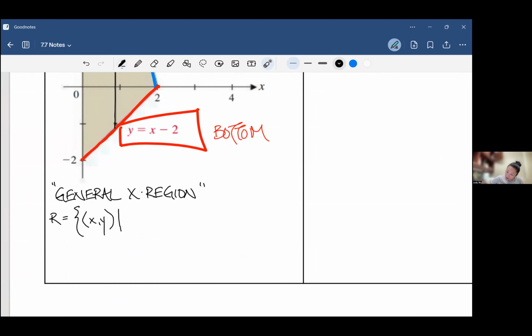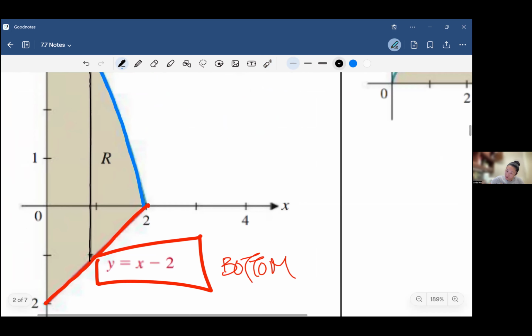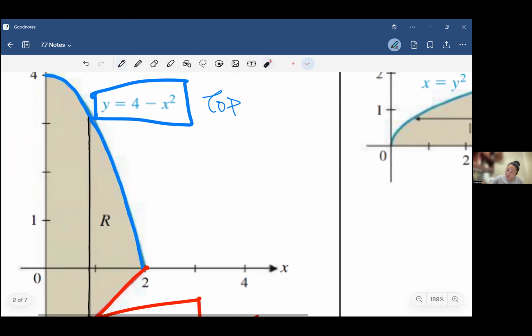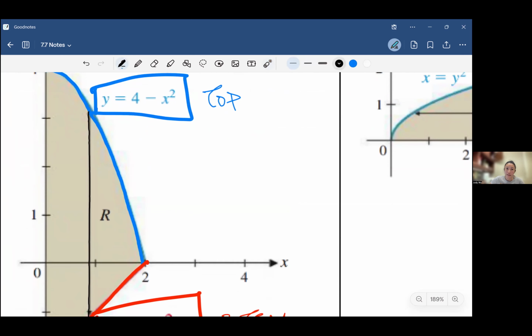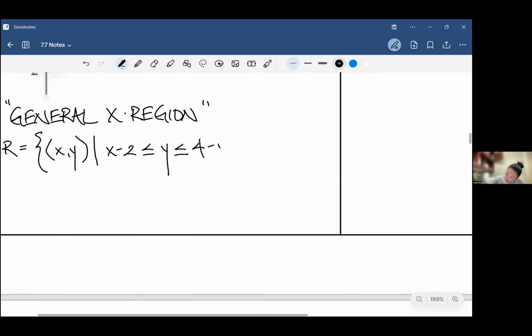So the bottom function, x minus 2, is less than or equal to y, which is less than or equal to the top function, which is 4 minus x squared. This is our top.